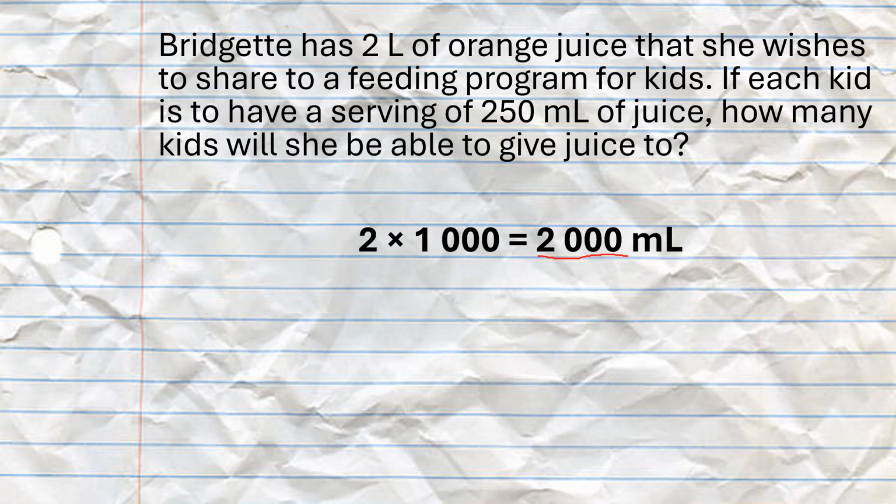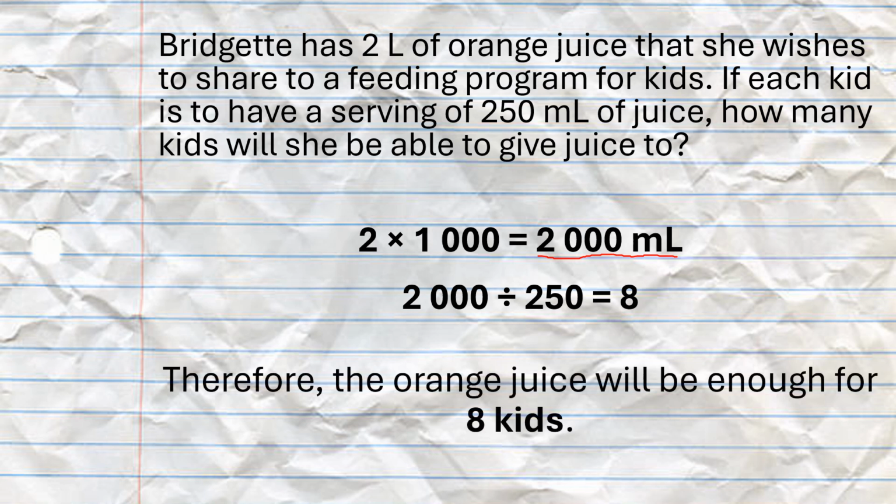So we have 2000 milliliters. Thus, to determine the number of kids that can have orange juice, we divide 2000 by 250. Therefore, the orange juice will be enough for 8 kids.